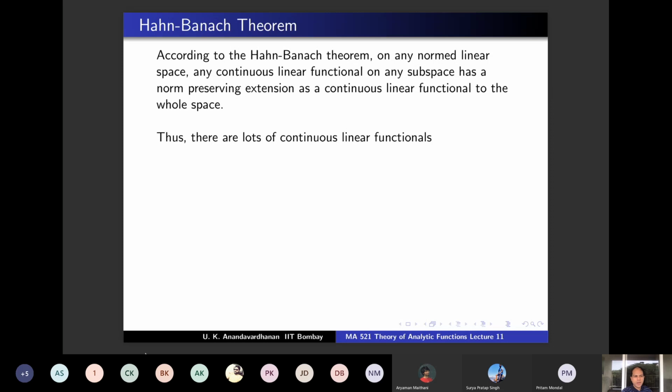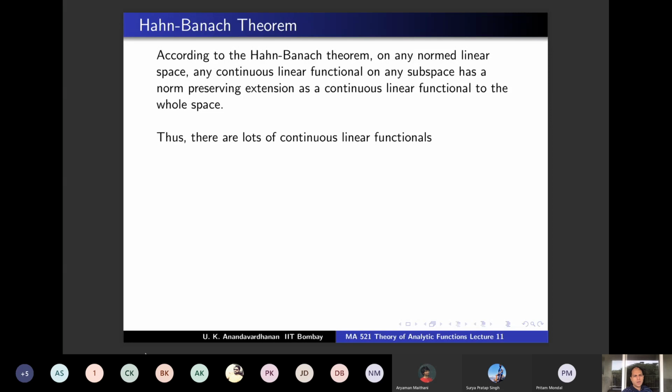For example, you can cook up finite dimensional subspaces, right? You can take some basis vectors, you can take the linear span, you can cook up finite dimensional subspaces where it's easier to cook up linear functionals. All of them afford extension as continuous linear functionals. So you have a lot of continuous linear functionals on X star.